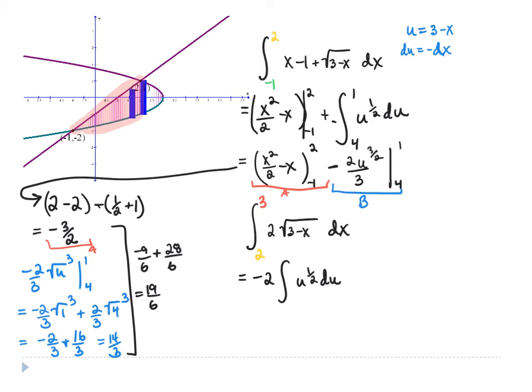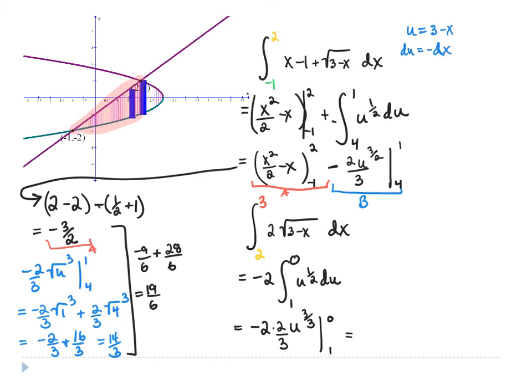So 3 subtract 3 is 0. And 3 subtract 2 is 1. So I end up with -2. I'm going to add 1 to the exponent, so u to the 3/2. I'm going to multiply by 2/3, but I am going to evaluate this from 1 to 0.